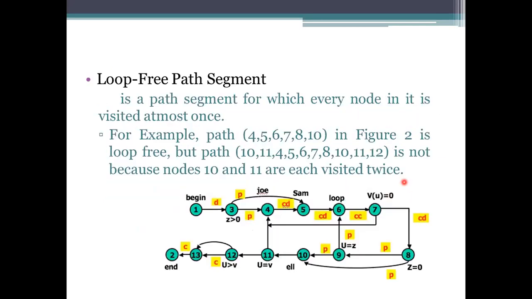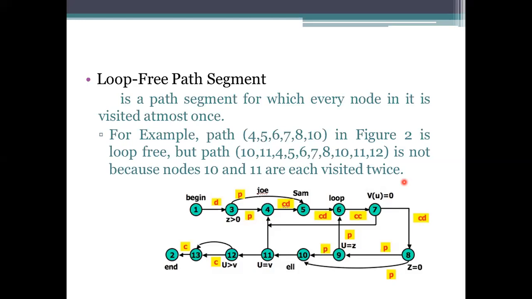Coming to the next one, the loop free path segment. Here we need to study the loop representation. The path segment we are using has each node visited only one time; visiting multiple times, even twice, is not allowed here.